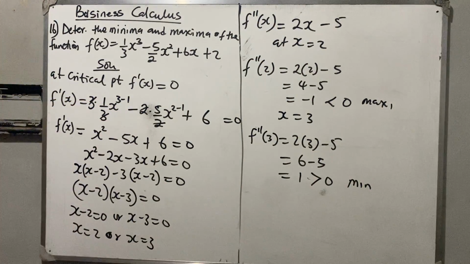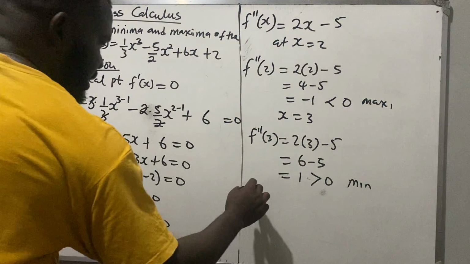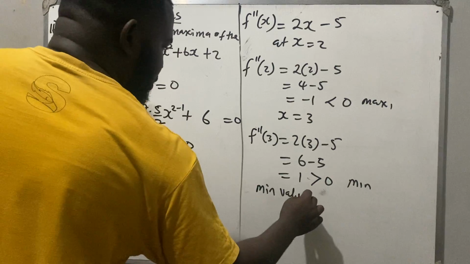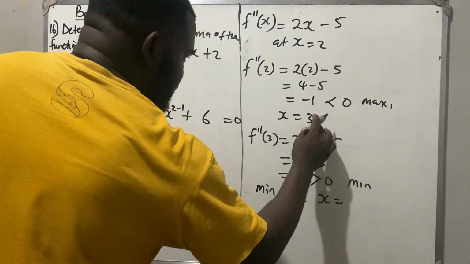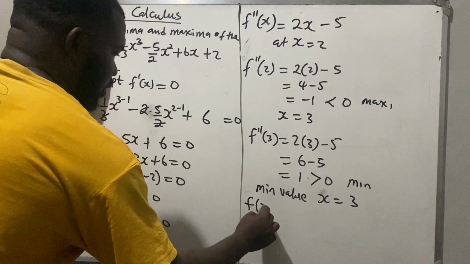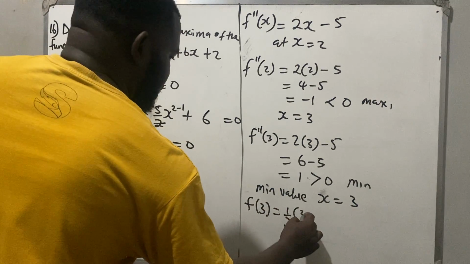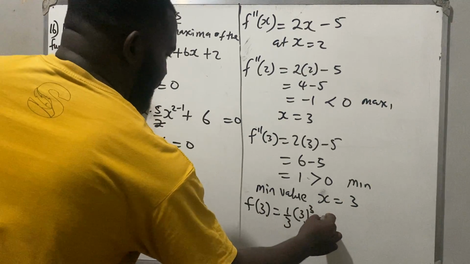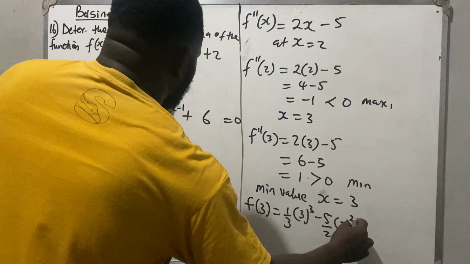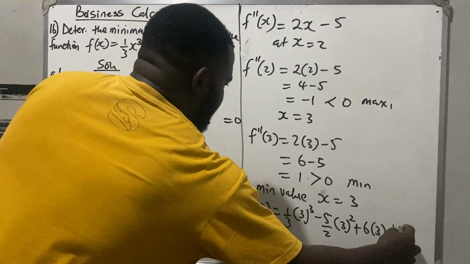So for us to get the minimum and the maximum value, we have to substitute back here. For the minimum value, x must be equal to 3. So f of 3 will be equal to 1 over 3 into 3 raised to power 3, minus 5 over 2 into 3 raised to power 2, plus 6 into 3, then plus 2.